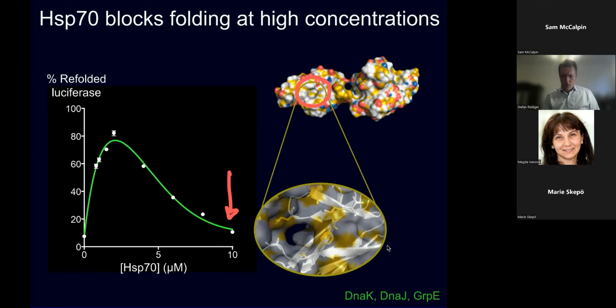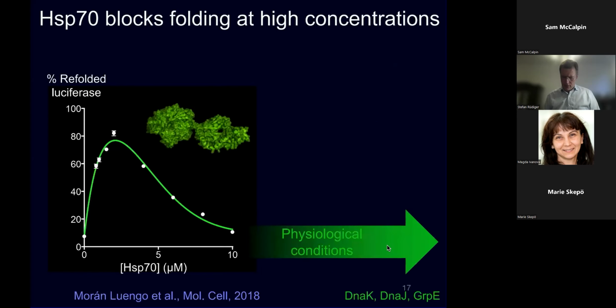So now, good. The interesting aspect is that you say, okay, why pipetting at 10 micromolar if 3 micromolar work? In fact, the physiological concentration of HSP70 can be up to around 30 micromolar, and at heat shock even more. So we are basically very much to the right outside of the screen here. Now then we seem to have basically an inefficient system, but there might be a solution.